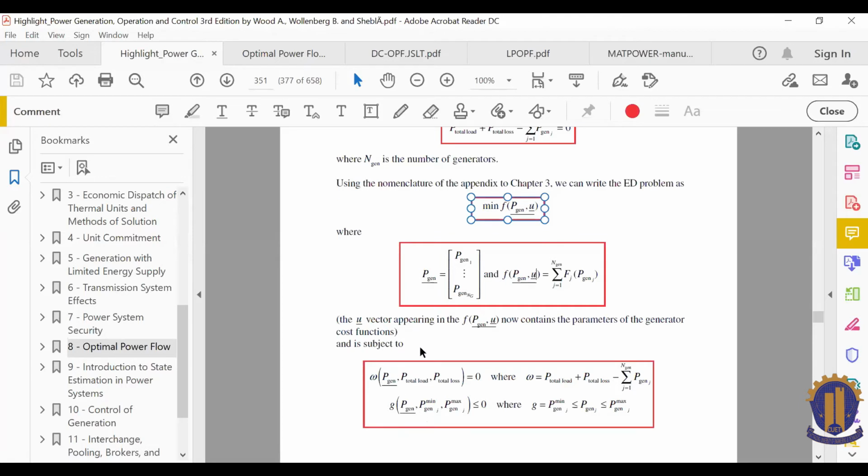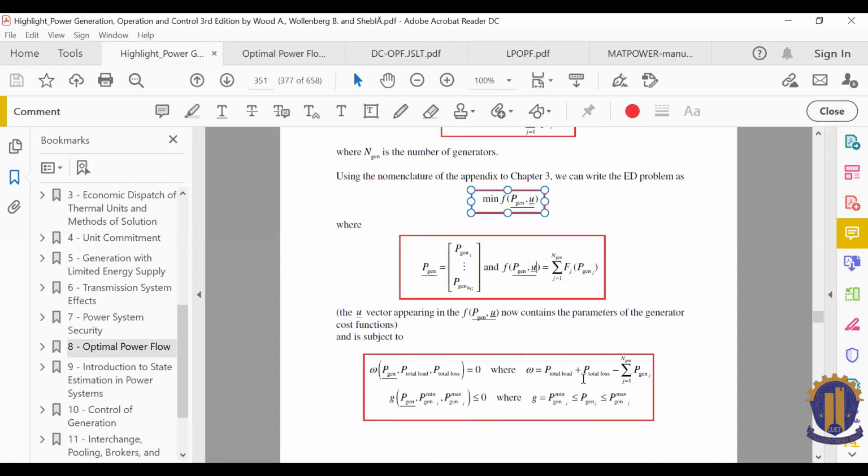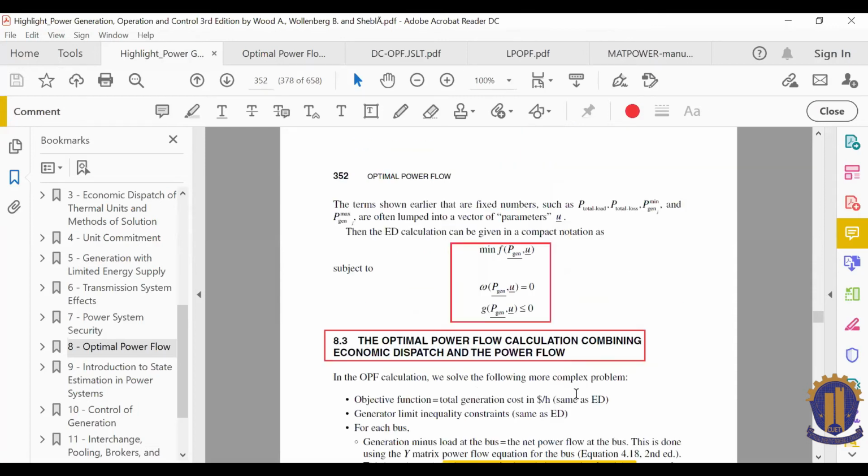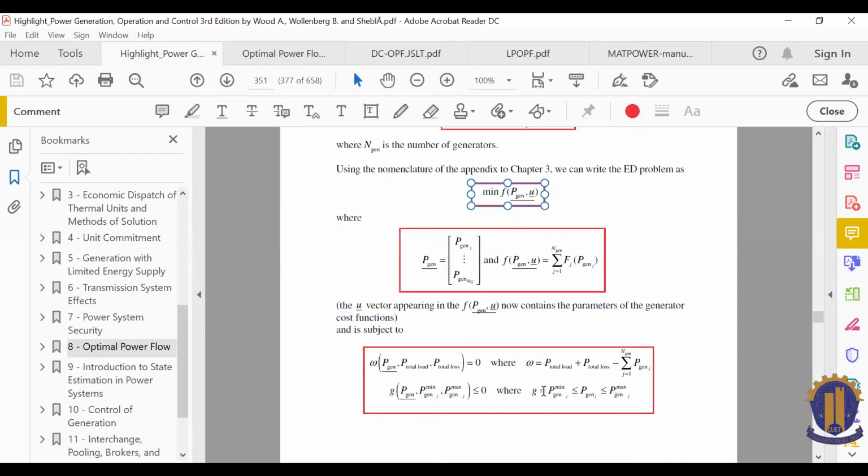And the other is the inequality constraint G, that is the limit of the generators. If there are 10 generators in the system, then how many equations will there be? 20. We will break this into two equations; there are two equations in this expression.